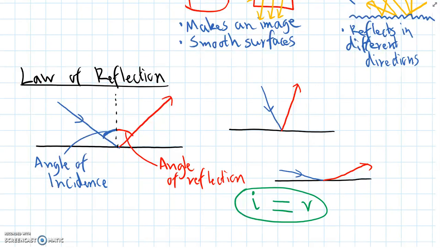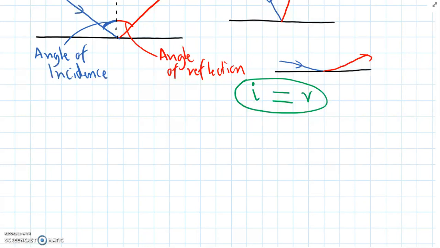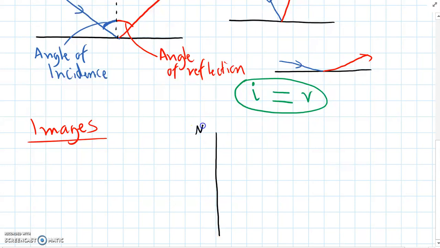But we also need to think about, how does a mirror actually make an image that we see? So images are made when we look into a reflective surface, like a mirror. So this is the mirror. And as we look into the mirror, let's say we are holding a ball next to the mirror that has a blue side and a red side, two different colors.